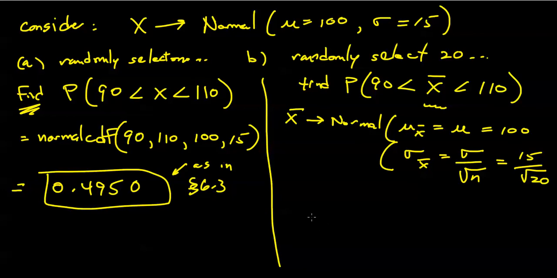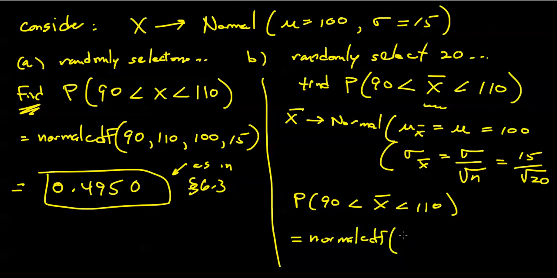So then I can say this. The probability that X bar is between these limits of interest can be computed with, again, our normal CDF command. The lower limit is the same as part A. The upper limit is the same as in part A. The mean is the same as in part A, but what changes is the standard deviation.